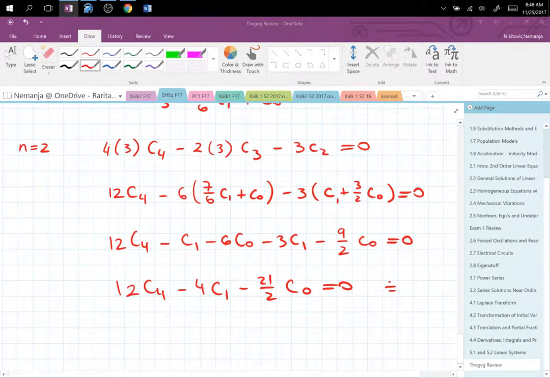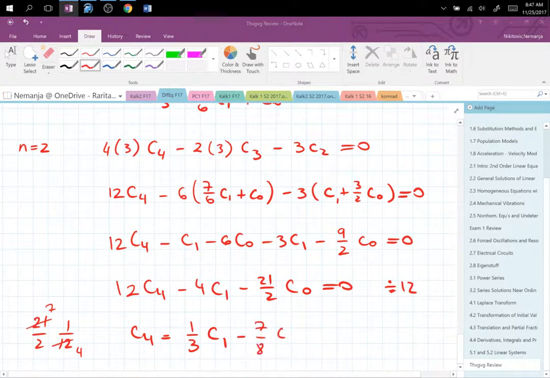Divide everywhere by 12. c4 is equal to 1/3 c1 minus, I have 21/2 and then 1/12. So these cancel by 3. So that's 7/8 c0, and it's a plus.